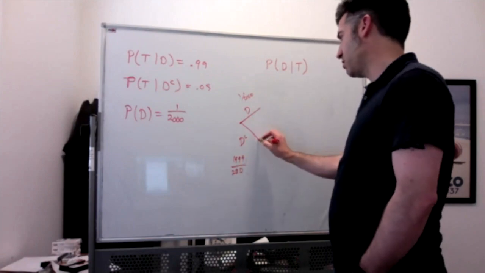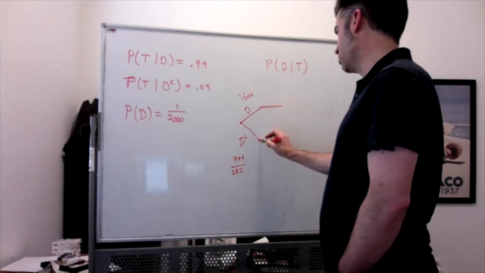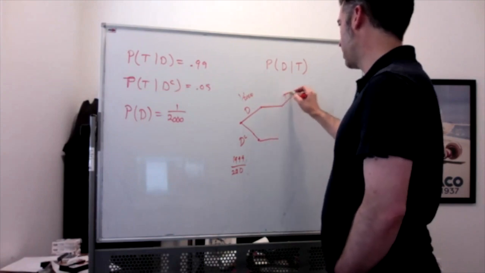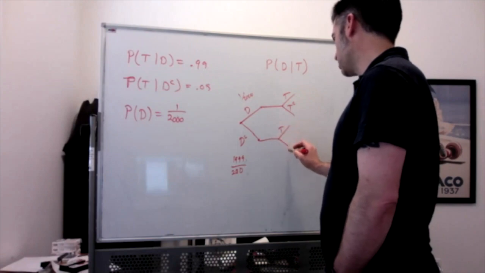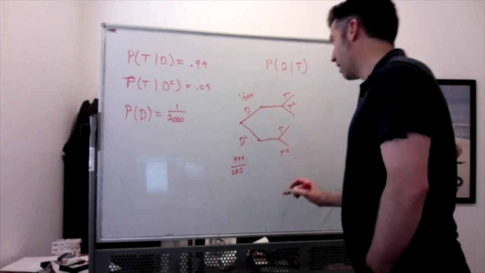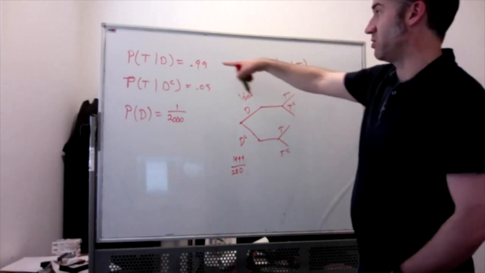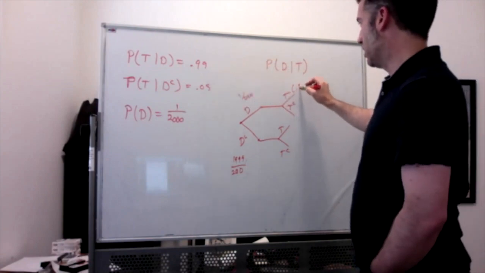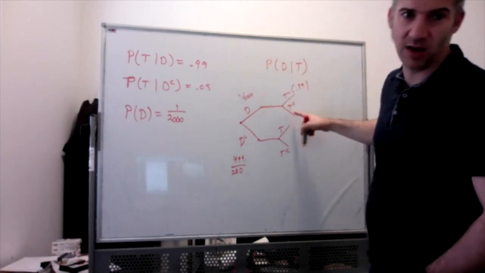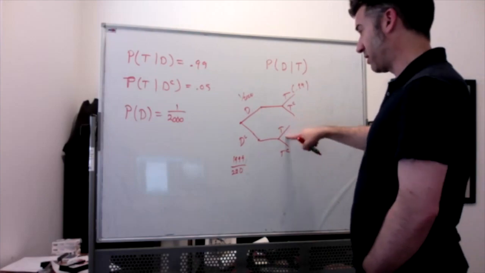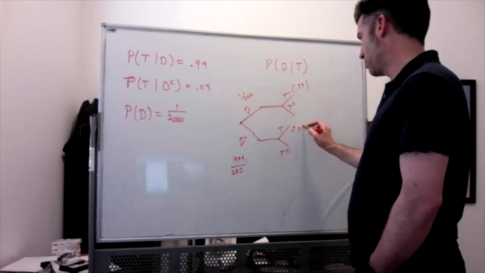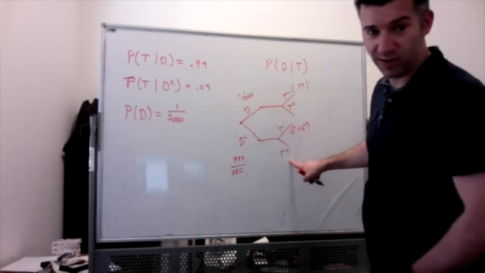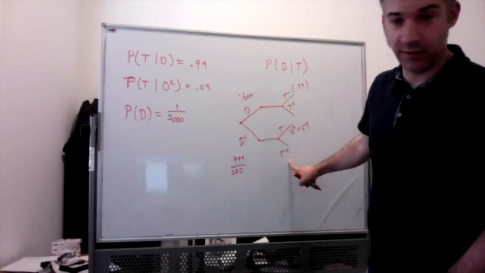And then from there, I either have a positive test or I don't. The probability of having a positive test, given that you have the disease, is 0.99. I don't care what the other branch is, although it's 0.01. The probability of having a positive test, given that you don't have the disease, is 0.05. I don't care what the other is, although it would be 0.95.